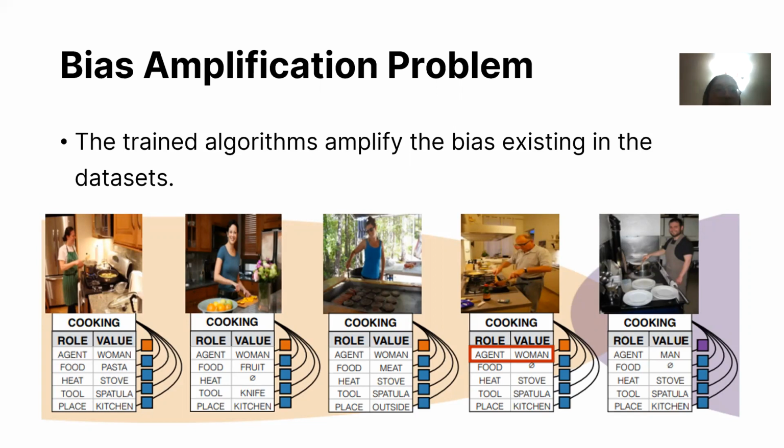For example, let's say there are data sets which have more examples relating women with cooking than men with cooking. Then the algorithms trained using this data set are biased towards the cooking woman more than the cooking man, so that they can misclassify some cooking man as a cooking woman.